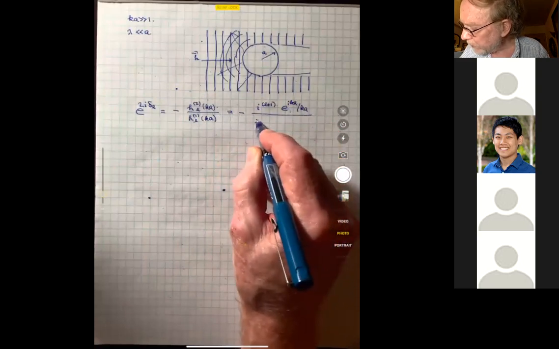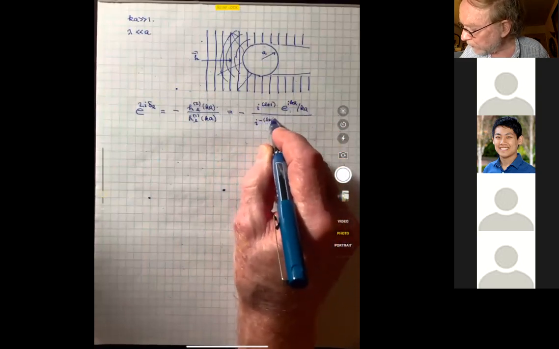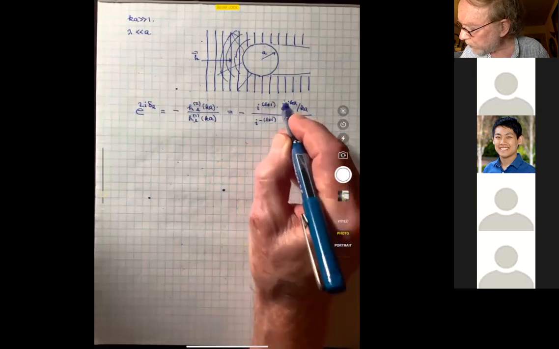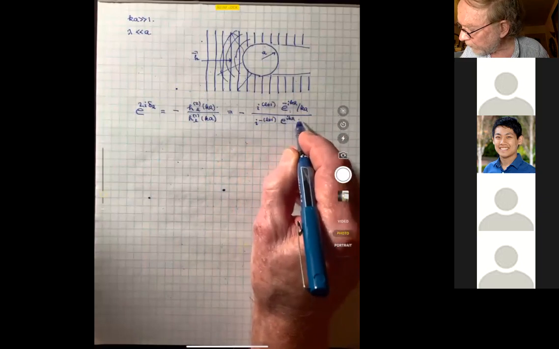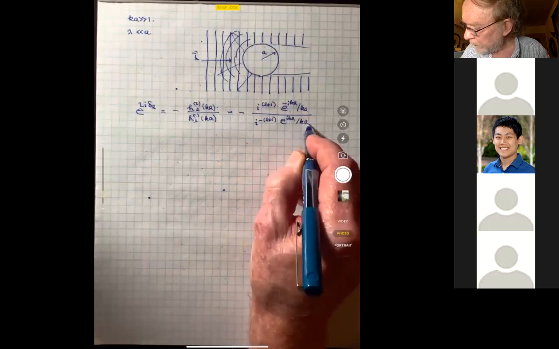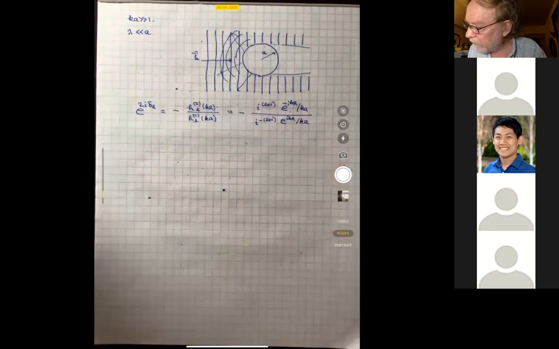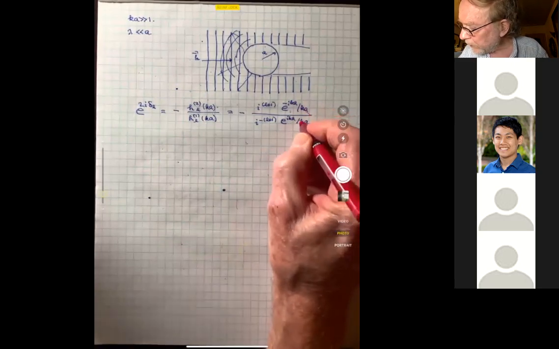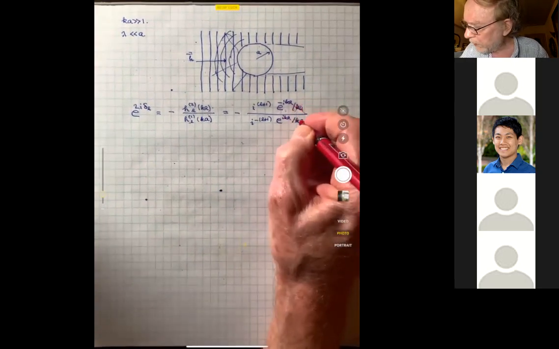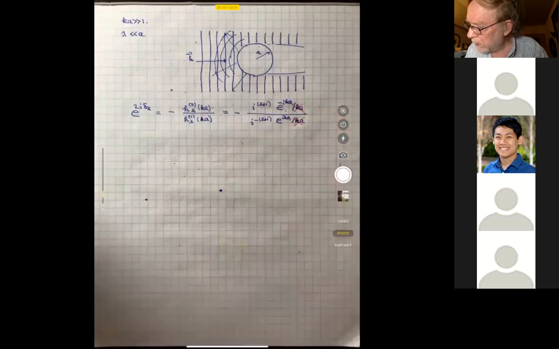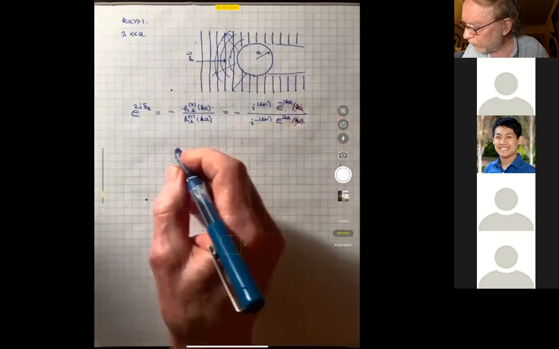Oh, the numerator should have been a minus iKa. And then the denominator is i to the minus L plus 1, and we get e to the plus iKa divided by Ka. And so we just evaluate that, and you can see the factors of Ka are going to cancel each other. They cancel. As far as the i factors, we'll combine those together.